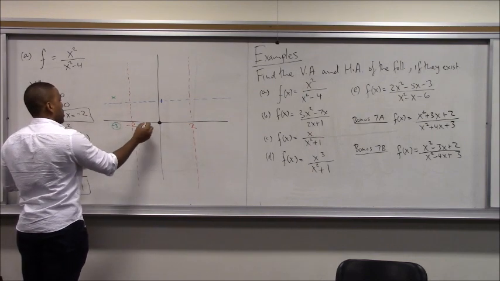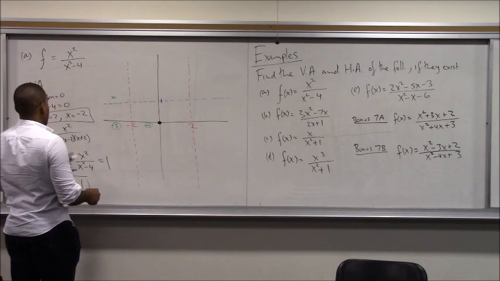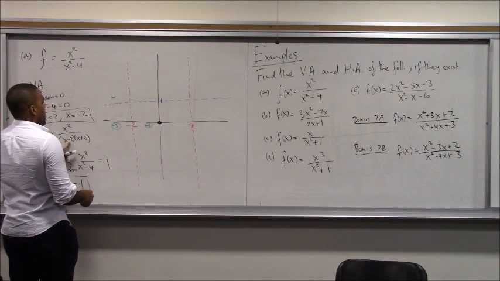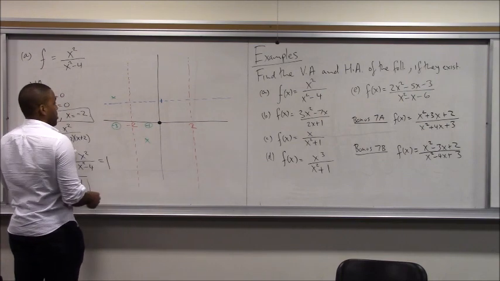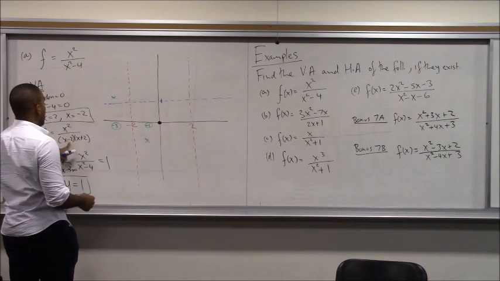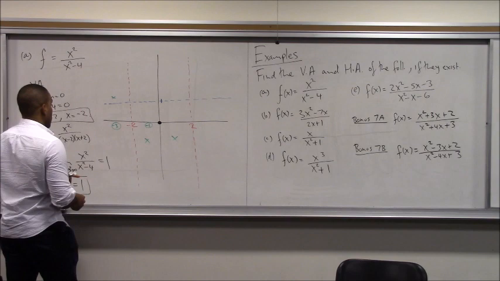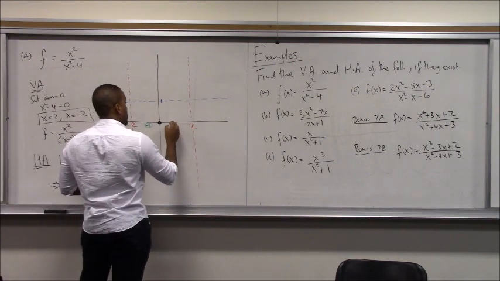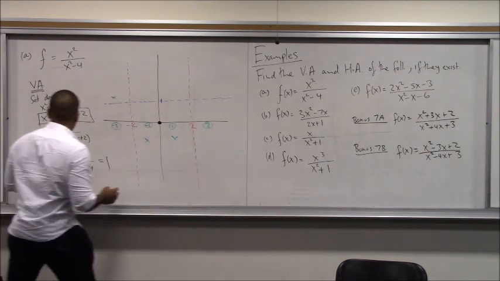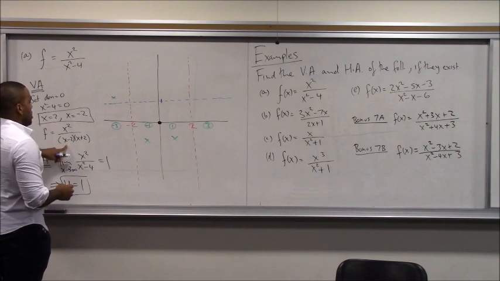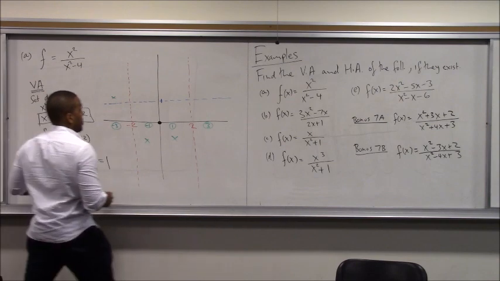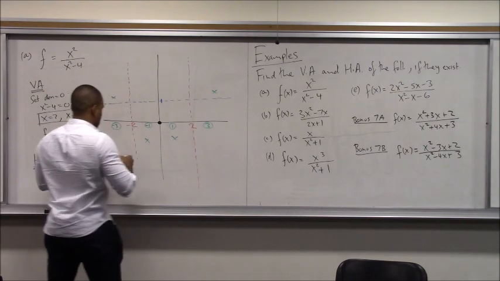Plug in a number here like minus 1. That will be negative, that will be positive, so that's negative. Plug in a number over here like positive 1. That'll be positive, that'll be negative, so it'll be negative. Plug in a number like positive 3. That will be positive.